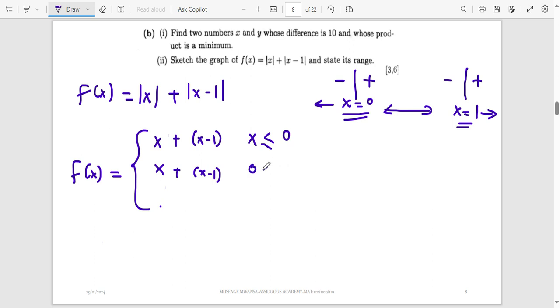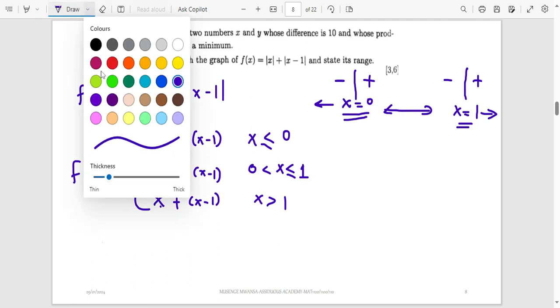So say 0 is less than x and x is less than 1. We're just talking about values of x between 0 and 1. And then x plus x minus 1. Now for values of x greater than 1. So these are the three regions.